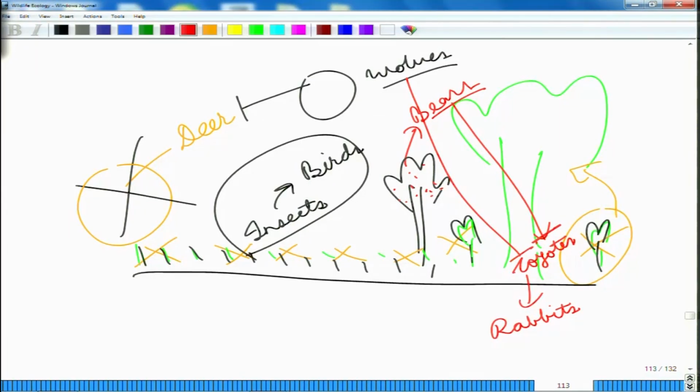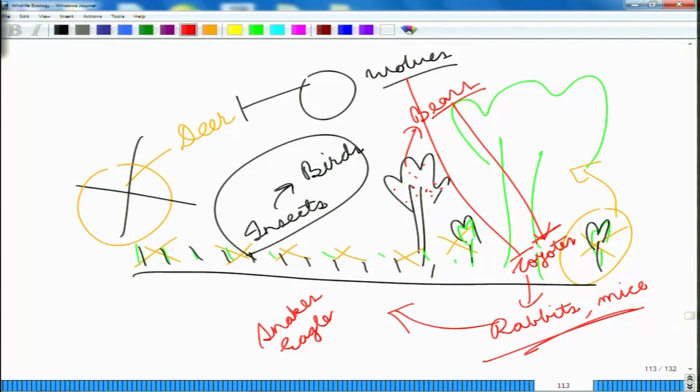So, once you reduce the population of coyotes, rabbits and mice would increase. That would further increase the population of those organisms that feed on these animals. So, snakes would increase, or eagles, owls, hawks would increase, and so on.